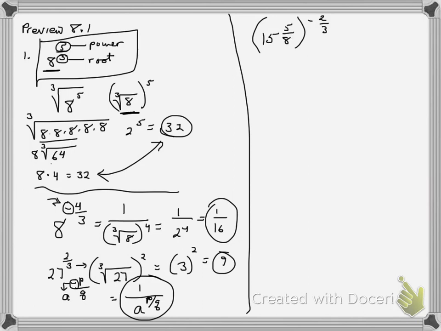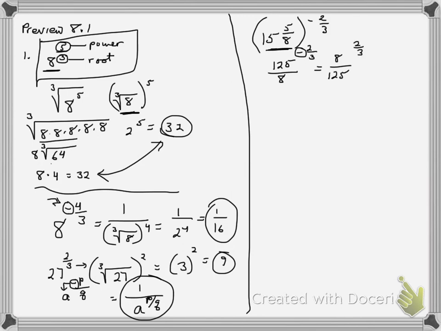So the first thing I'll do is convert this to an improper fraction. This will be 8 times 15 plus 5 more. That's going to be 125/8 to the negative 2/3. Negative's going to mean I'm going to flip that to 8 over 125, all to the 2/3.